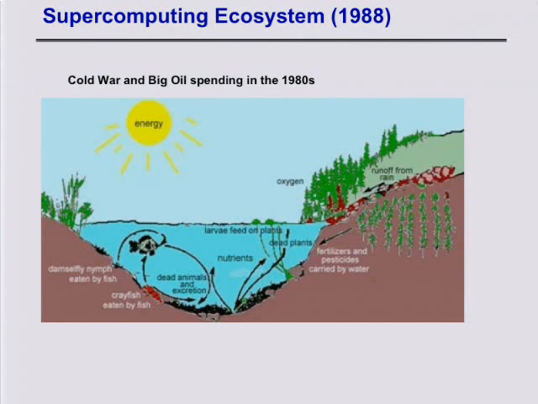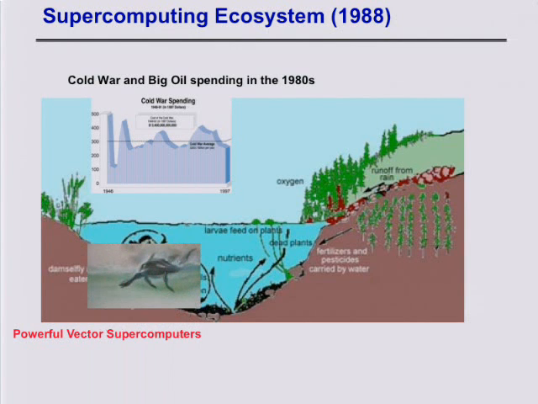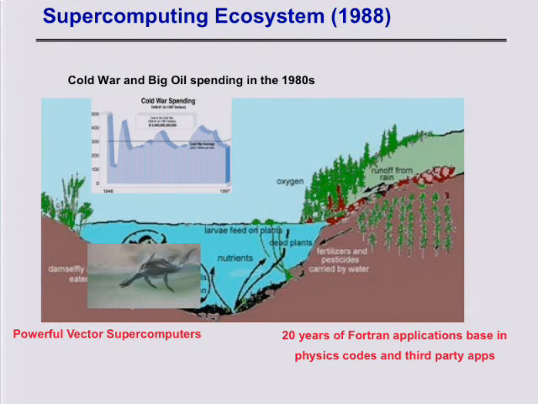In this ecosystem, in the early days, in the 1980s, there was a lot of Cold War spending and big oil putting money into supercomputing hardware, and that was where these vector supercomputers came from. So we got these vector supercomputers that are now considered dinosaurs, and they were programmed with Fortran, vectorizing Fortran compilers, and in many cases third-party applications.